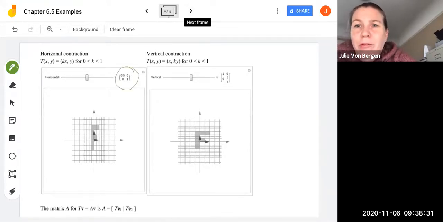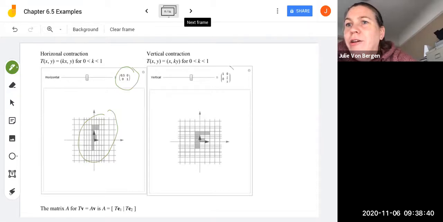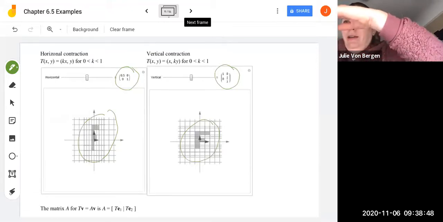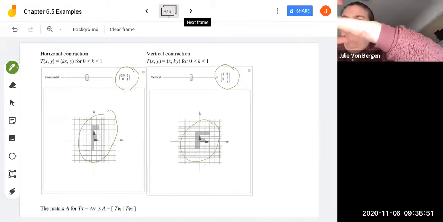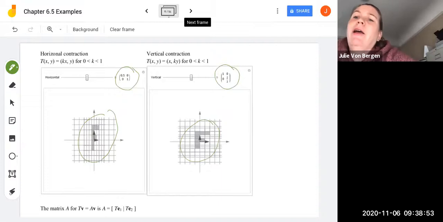When K is 0.5, you can see how the grid horizontally contracts there. And then if K is 2/3 here in our vertical contraction, we've got 2/3 in the 2, 2 entry of this matrix. And then you can see it's like it got squished together vertically, like we put an accordion there and squished together the letter F.